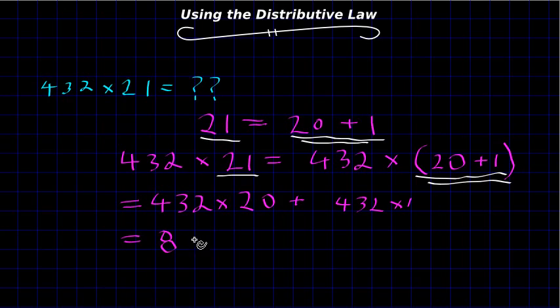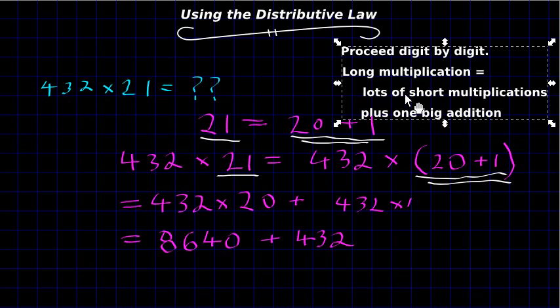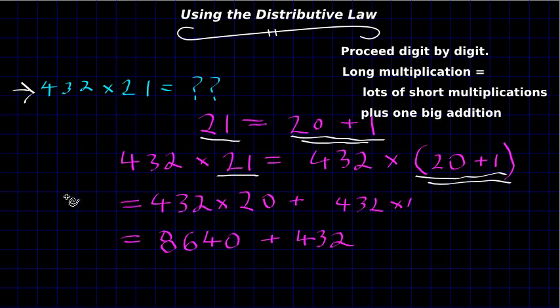That's going to be 8640 plus 432. So you're beginning to see the strategy here is that we proceed digit by digit. And also, as a general rule, long multiplication is just a bunch of short multiplication plus one big addition. So what we've done here is we started out with a multiplication problem, and we managed to turn it into an addition problem.